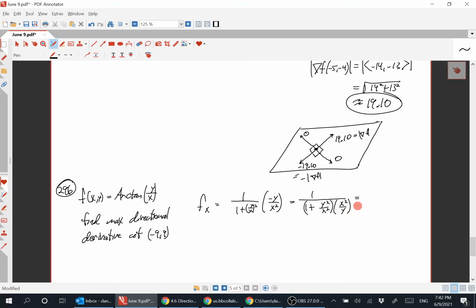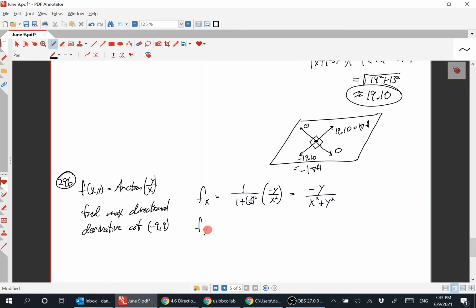So this is minus y over, multiplying through by x squared, x squared plus y squared. All right, so that's the partial derivative with respect to x.